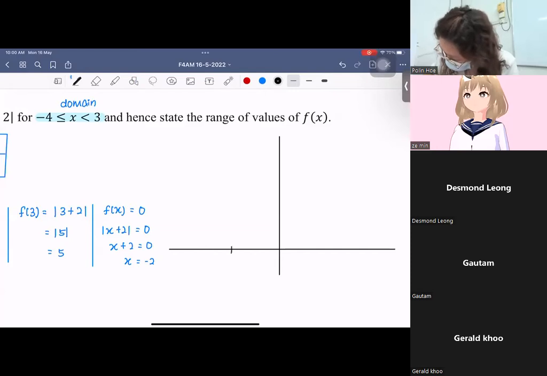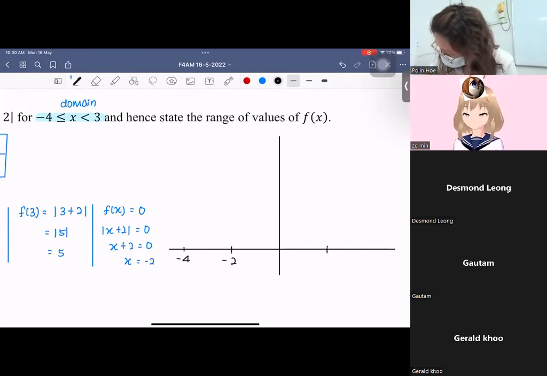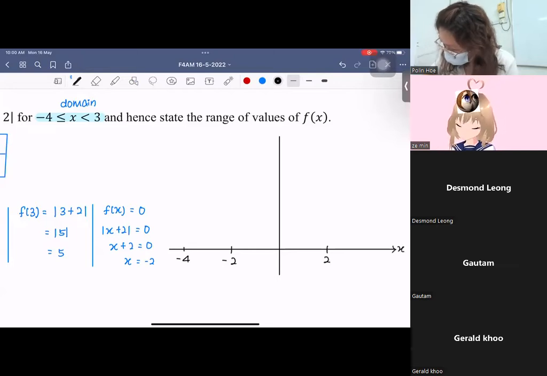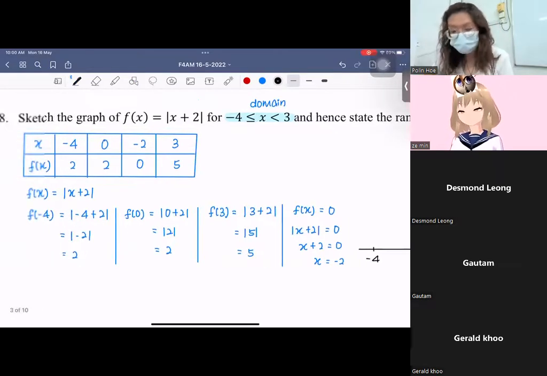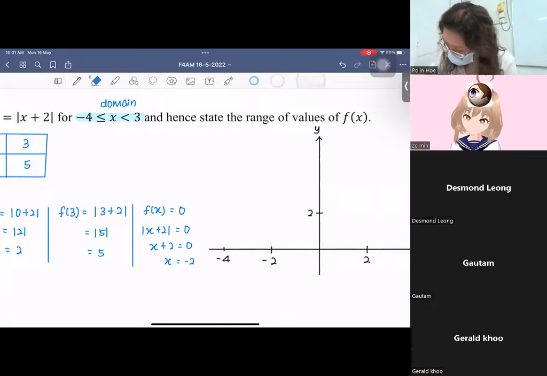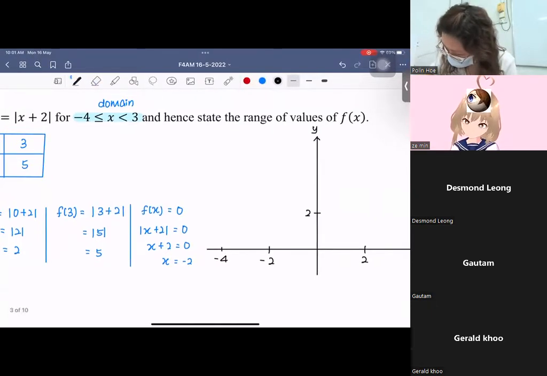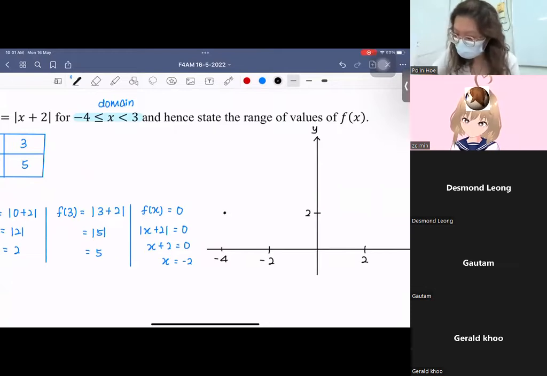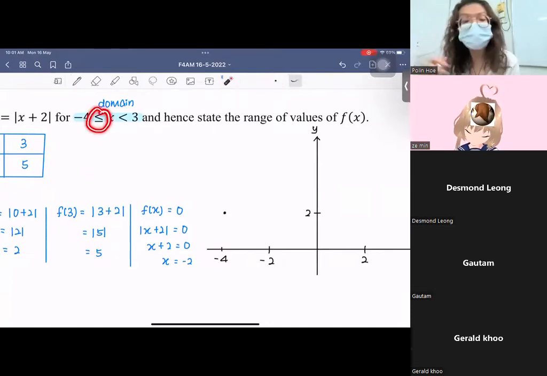-4, -2. And then I have 2. -4 and 2, a dot, because it is less than or equal to, with the equal sign.